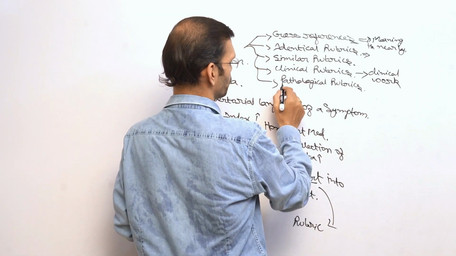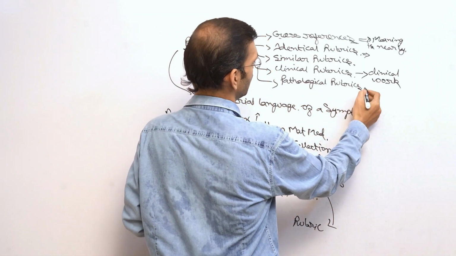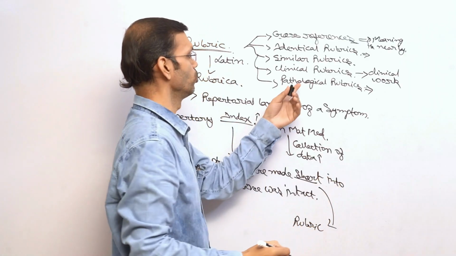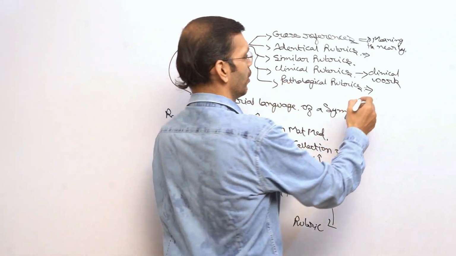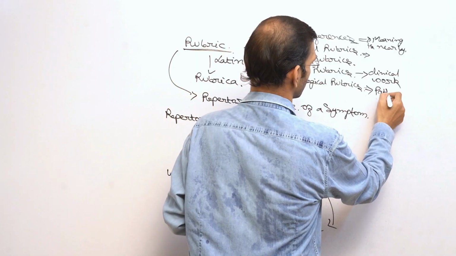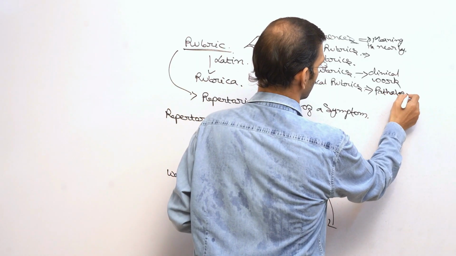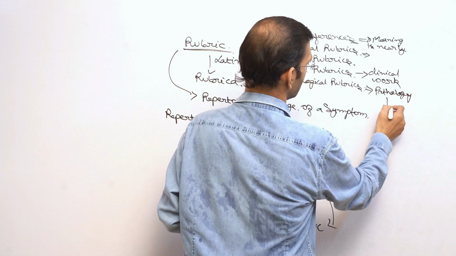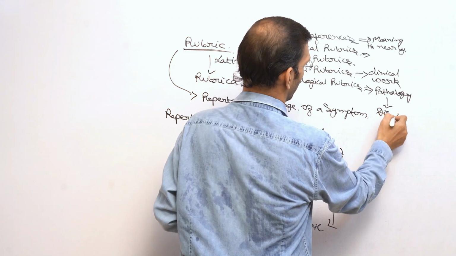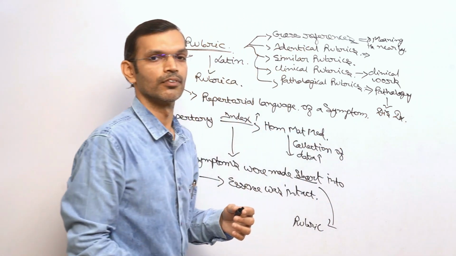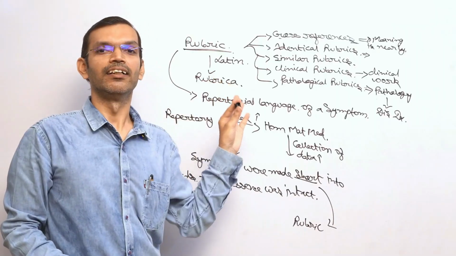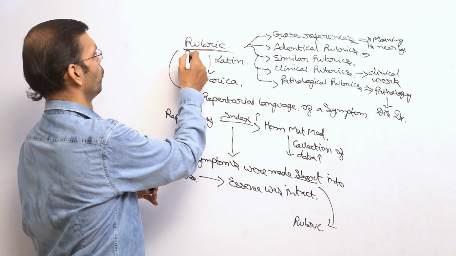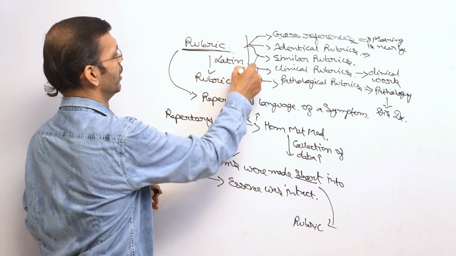When we speak about the pathological rubrics, we see that these are the rubrics in which we find only the pathology or else disease diagnosis. So, in this way, we can see that these are the sorts of rubrics and they are of various types.